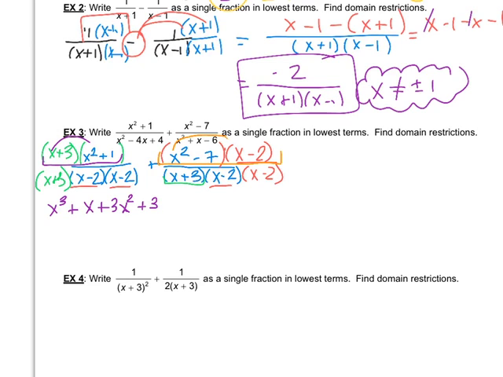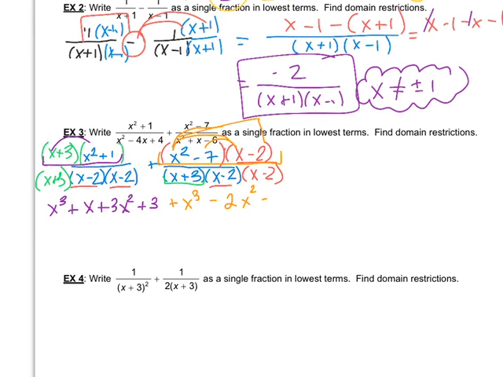So x squared times x is x cubed. Take your time on these. It's easy to get lost in the details. Okay, so x squared times negative 2. So that's negative 2x squared.